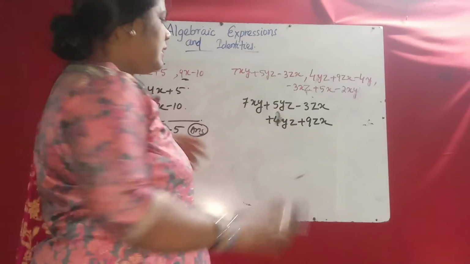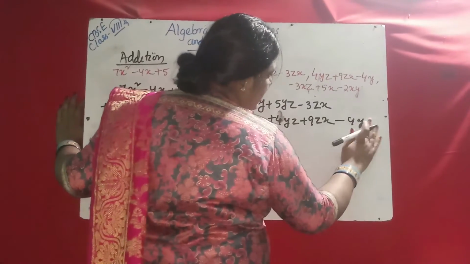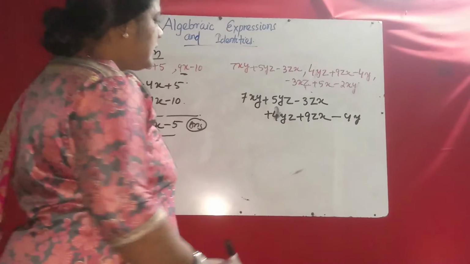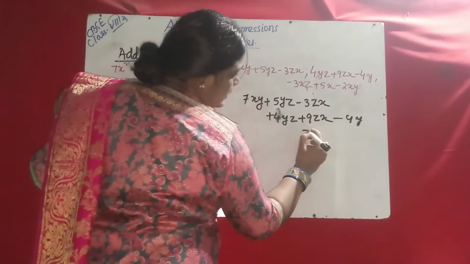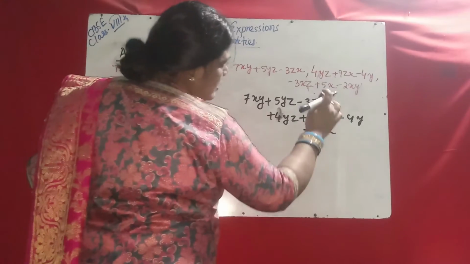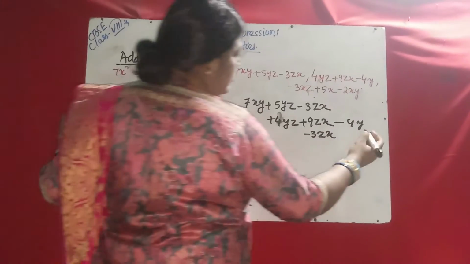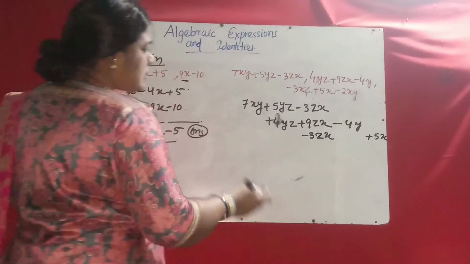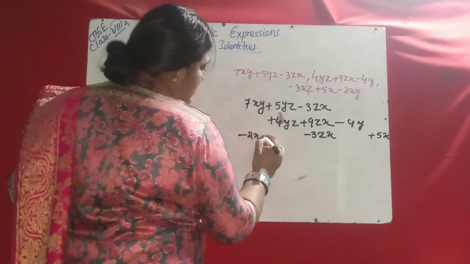There is no y, so extra you will write minus 4y. Then next is minus 3zx, where xz and zx are same. Plus 5x. There is no x, so extra you will write plus 5x. Then minus 2xy, here first xy, minus 2xy.